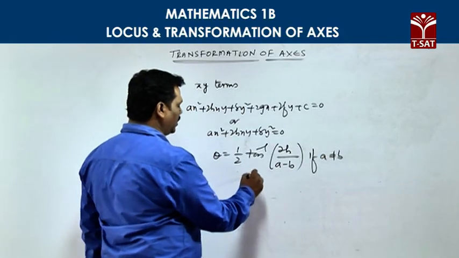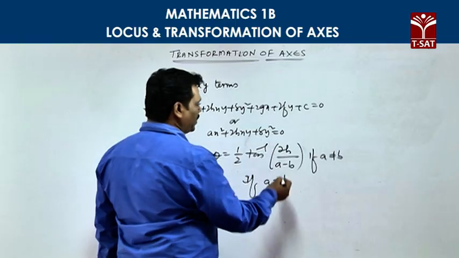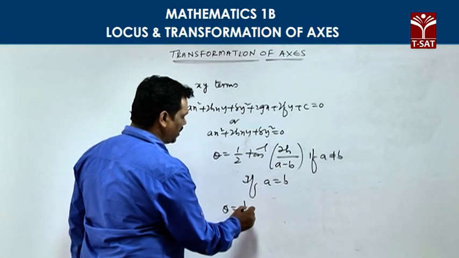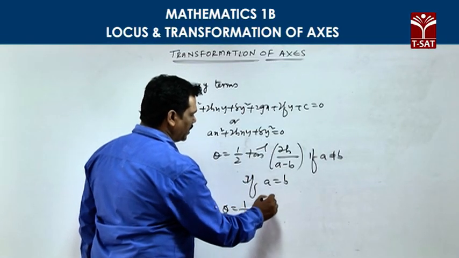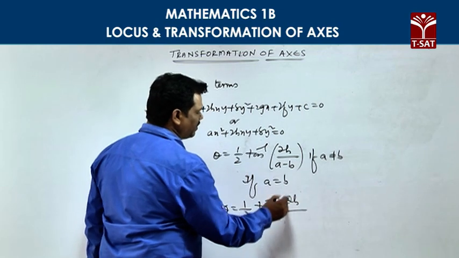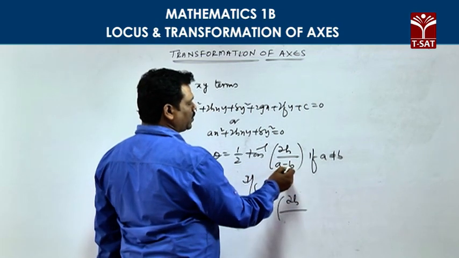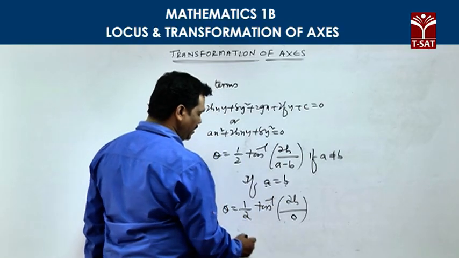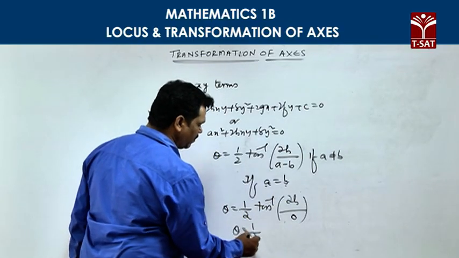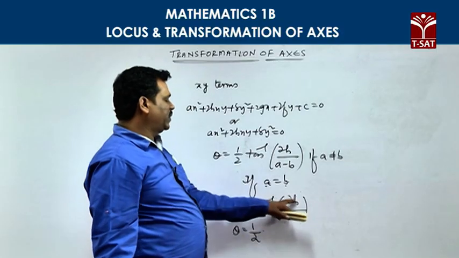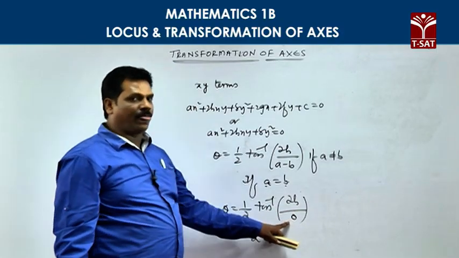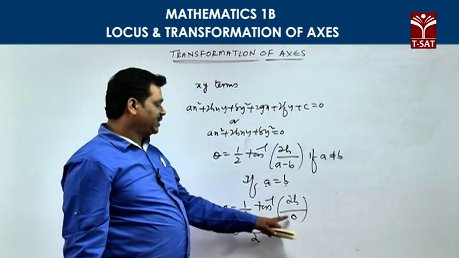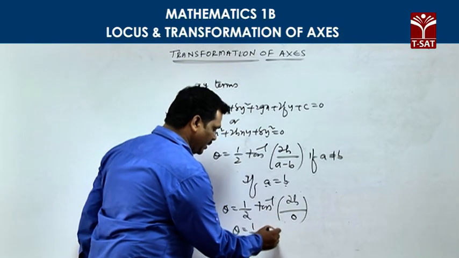For example, if a is equal to b, theta is equal to 1 by 2 tan inverse of 2h by a minus b. Substituting a equal to b, b minus b, we get 0. So here theta is equal to 1 by 2 into tan inverse of 2h by 0, tan inverse of infinity. Tan inverse of infinity is nothing but 90 degrees.